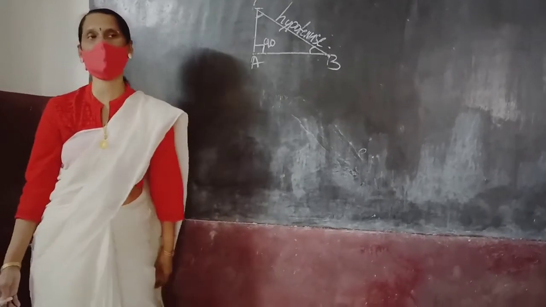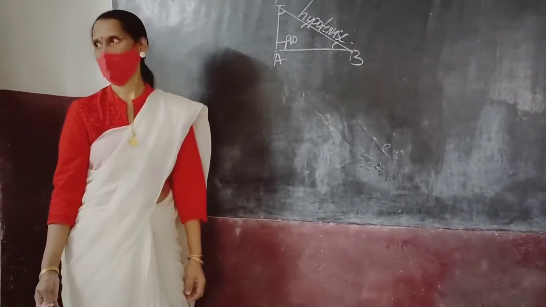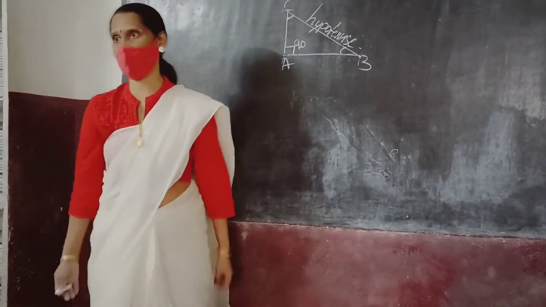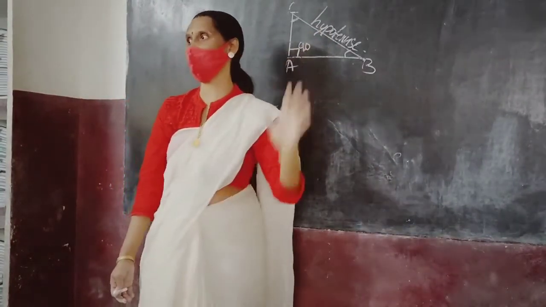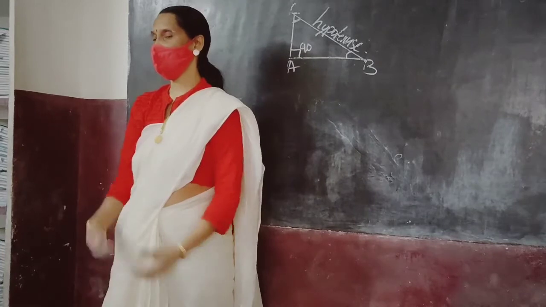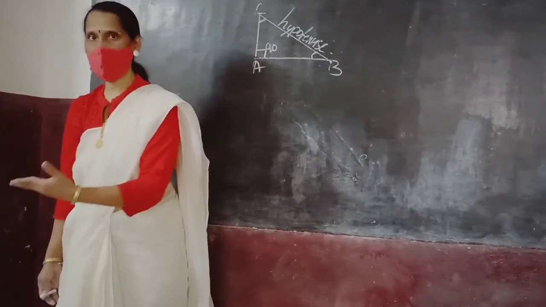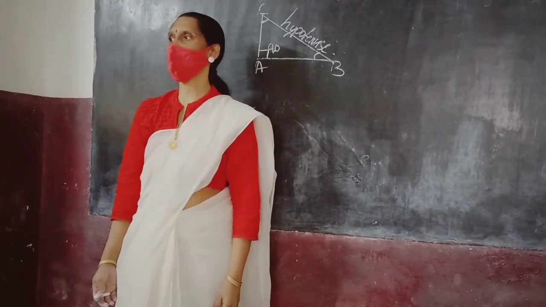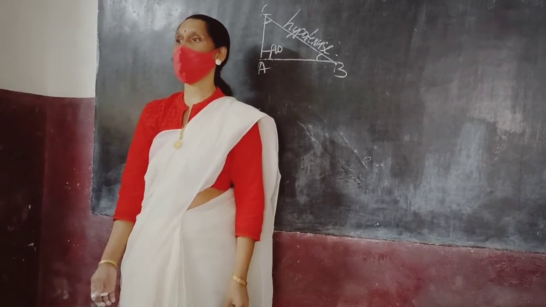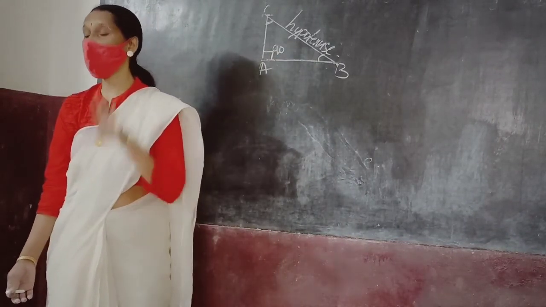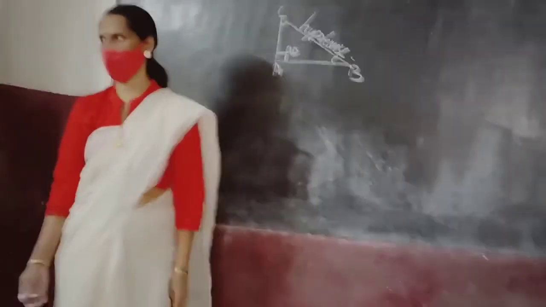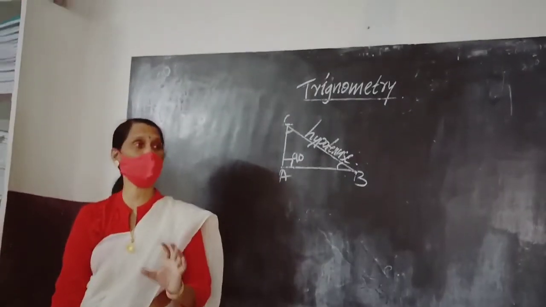Okay. So these ratios of opposite side, adjacent side and hypotenuse come under a branch of maths known as trigonometry, called trigonometrical ratios. There are 6 trigonometrical ratios.